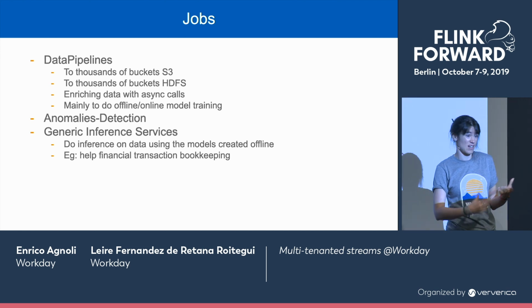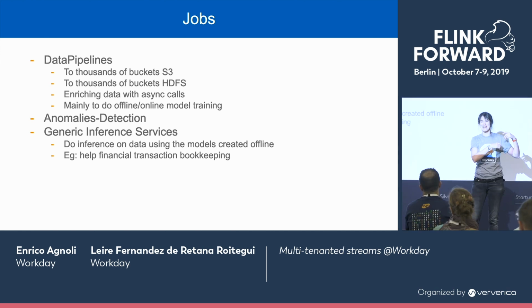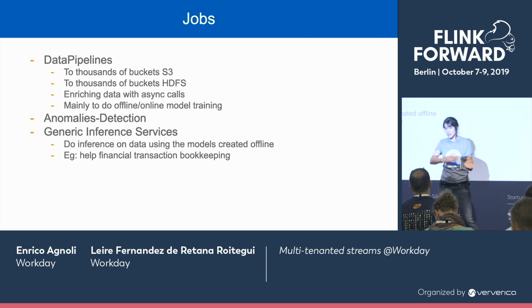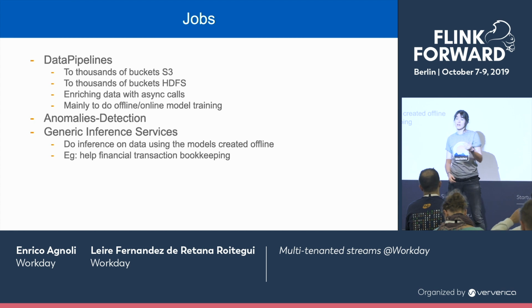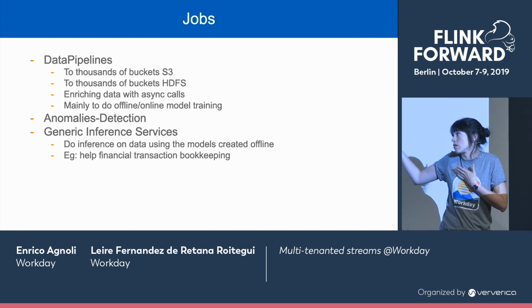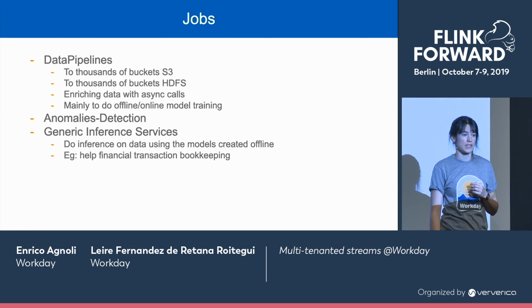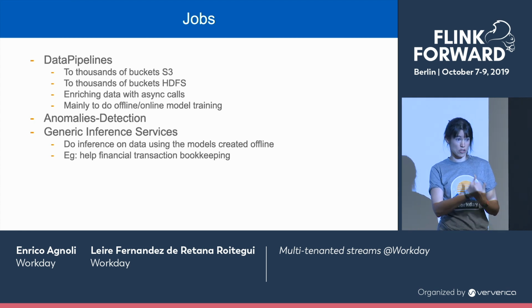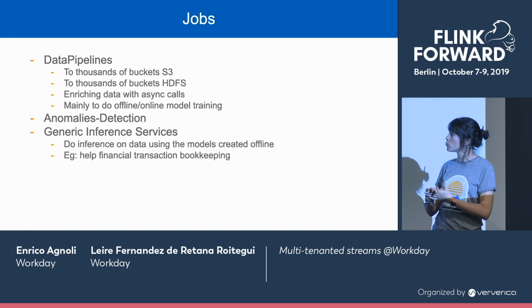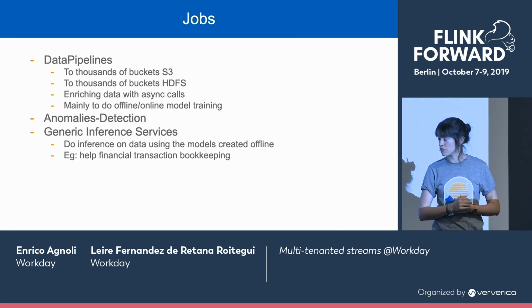As I explained at the very start, we have the monolith, so it's mostly take this data, transfer it, and put it somewhere else, mostly S3 and HDFS for offline and online model training. The second type is anomaly detection, which is used for fraud. And the third one is generic inference services.